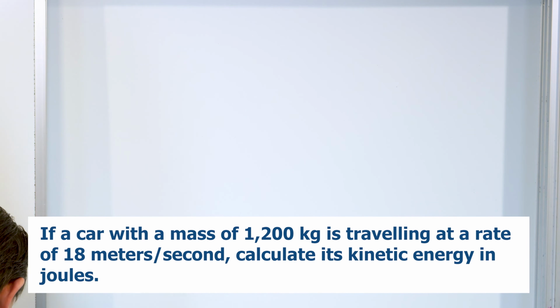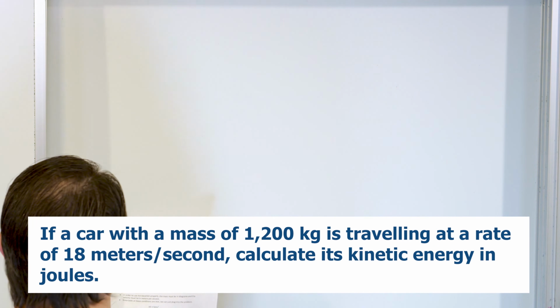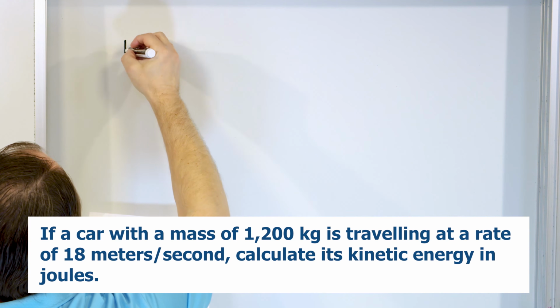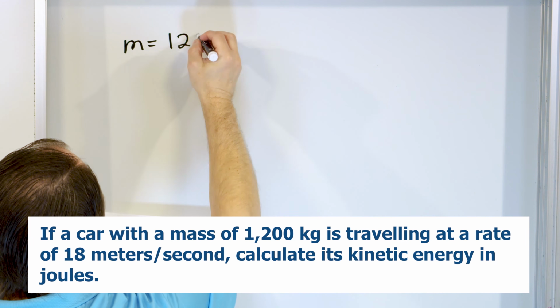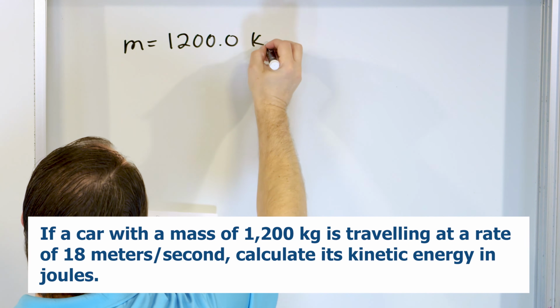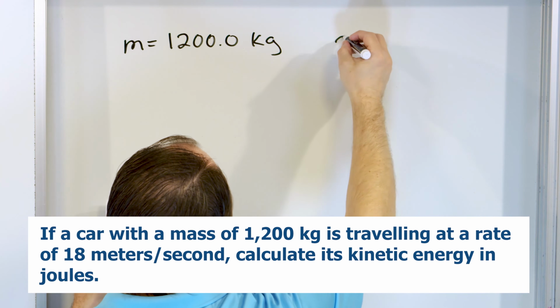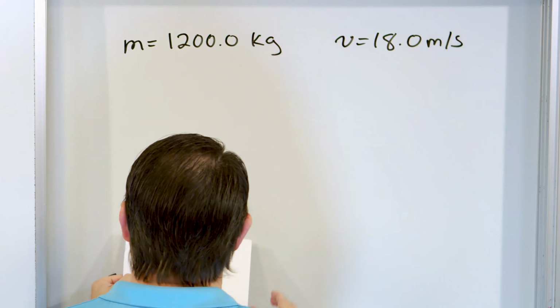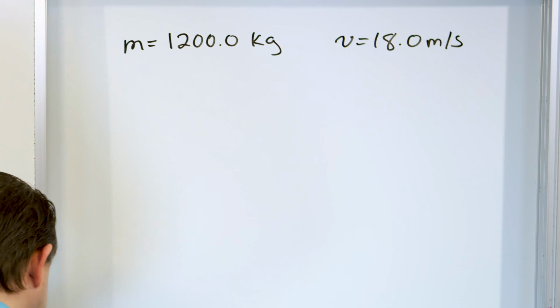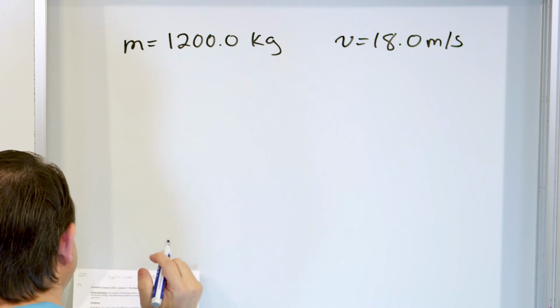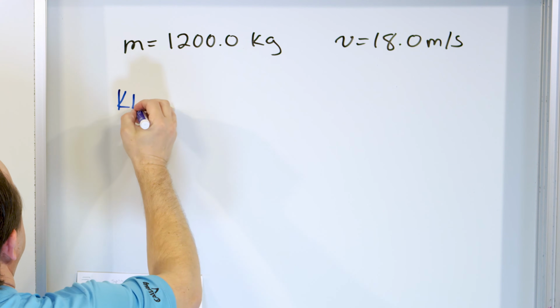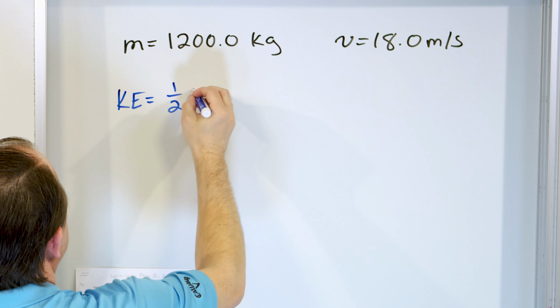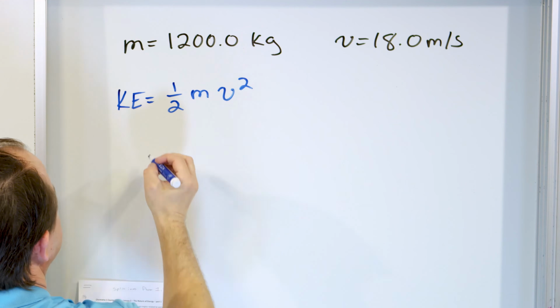So in our problem statement, it says that the mass of the car is 1,200 kilograms, and it's traveling at a velocity of 18.0 meters per second. So how do we calculate the kinetic energy? Well, it's a straight plug-in type of situation. The kinetic energy is 1/2 times m times v squared, right?